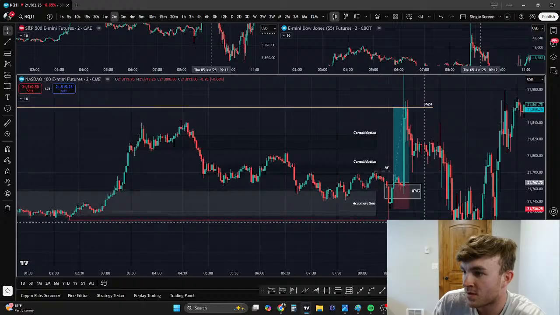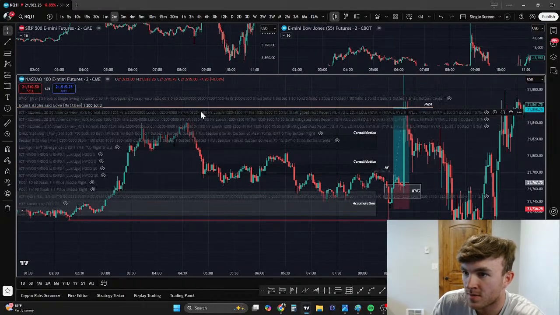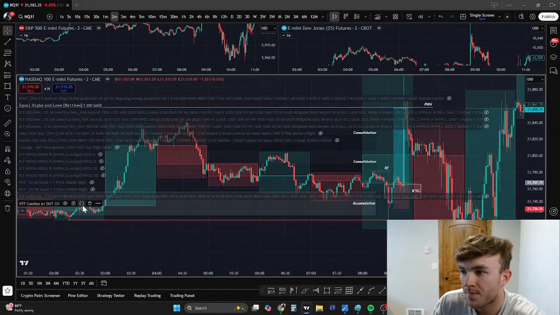And then we also not only sweep London, but we get an internal sweep here of, I don't know, whatever this is. Previous hour's low.